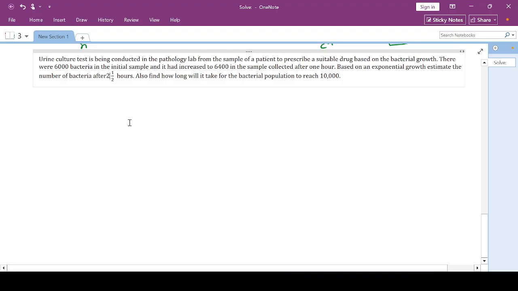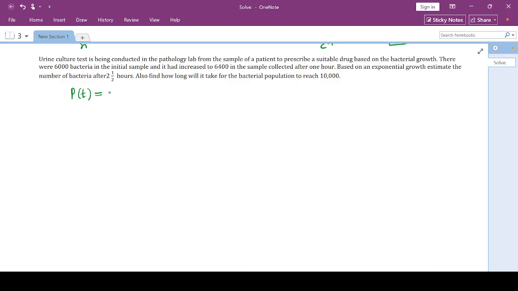Students, first we will express the data here, what they have given. Look carefully. First, we have to consider the population model, that is P of t is equal to C into e raised to kt. So we are taking this directly from the differential equation.